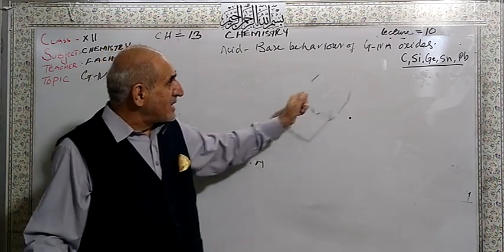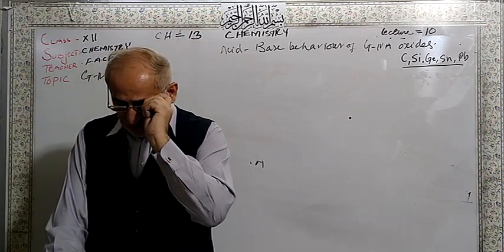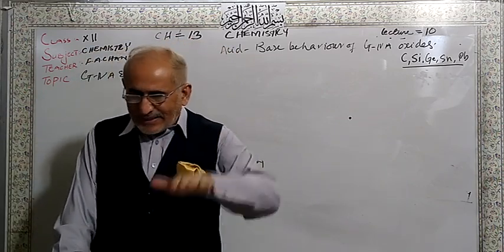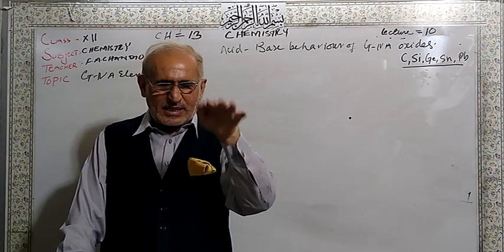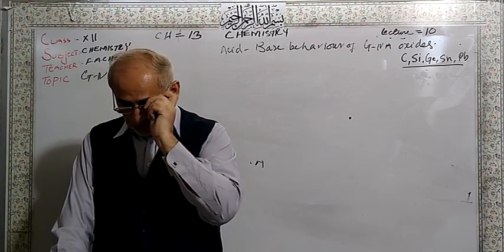Silicon dioxide is also slightly acidic in nature. So this acidic nature decreases and basic nature increases as we go down the group.